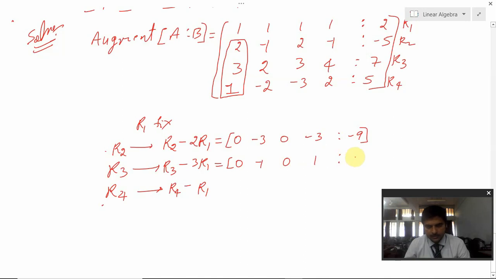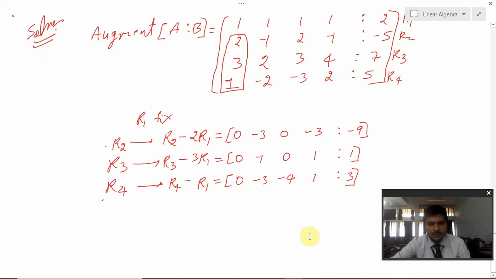And 7 minus 6 is 1. Just multiply R1 with 3. Okay. So next, here I am not multiplying anything, just subtracting the row. R4 minus R1. Okay, this is 0. Minus 3, minus 4, 1 and 3.